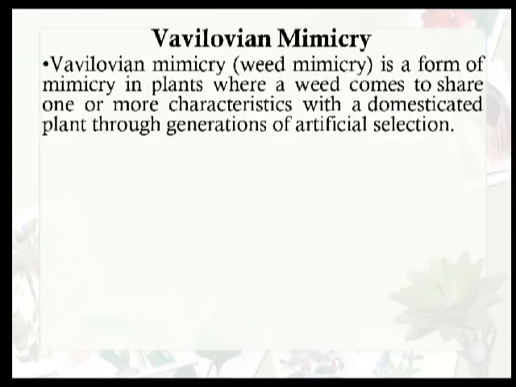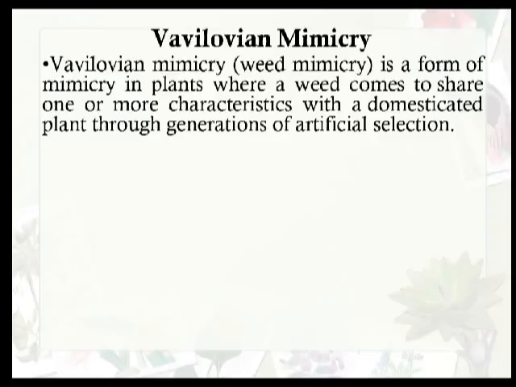Simple. Now, this is one important term I want to tell you. It's just something to make it more interesting. Vavilovian mimicry or the weed mimicry. It's a form of mimicry where a weed comes to share one or more characteristics with a domesticated plant through generations of artificial selection.